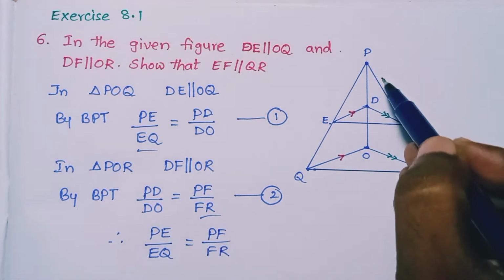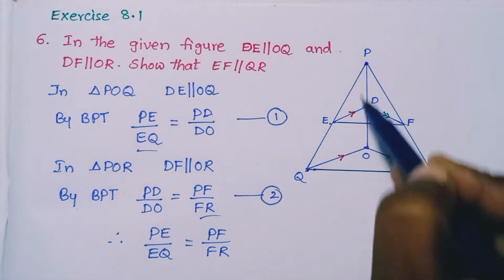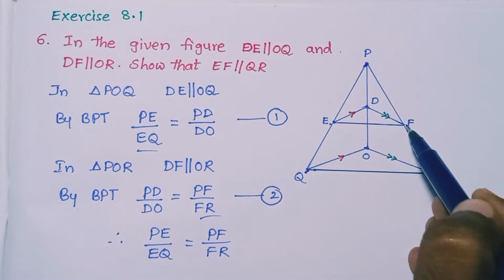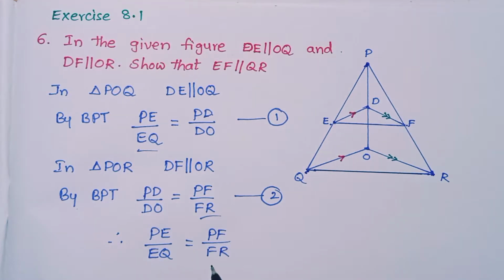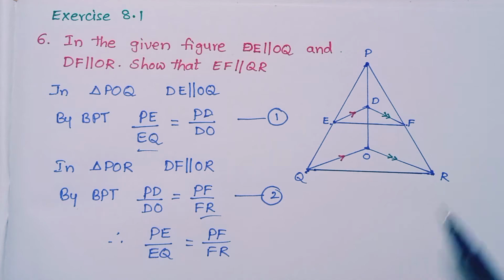Now see the diagram once. In the triangle PQR, PE by EQ is equal to PF by FR. That is the result we got.